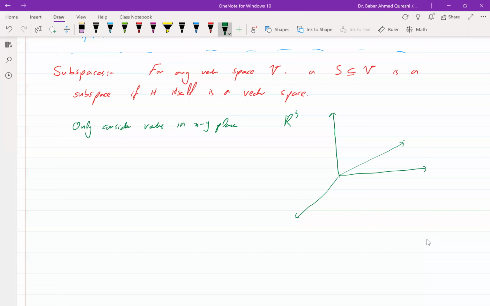Then if I add those two vectors which are in xy plane, I'll get another vector in xy plane. So vectors in xy plane are a space onto themselves. So xy plane would be a subspace of three-dimensional vector space.